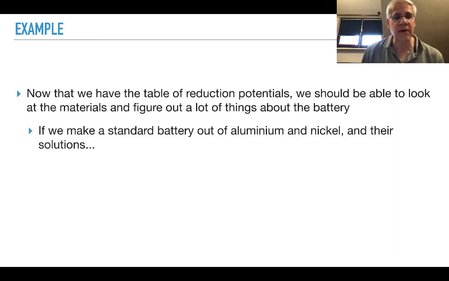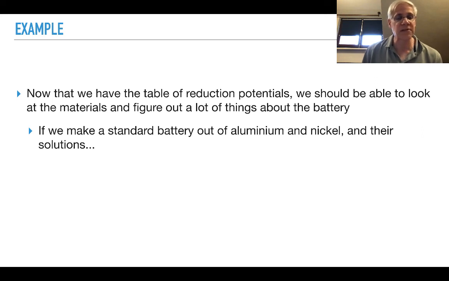Okay, so now that we have a table of reduction potentials, and your book has a very extensive one in the appendix in the back, we should be able to look at any material we're dealing with and figure out a lot of things about a battery made between two different materials.